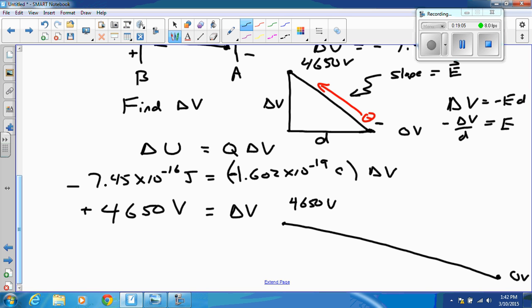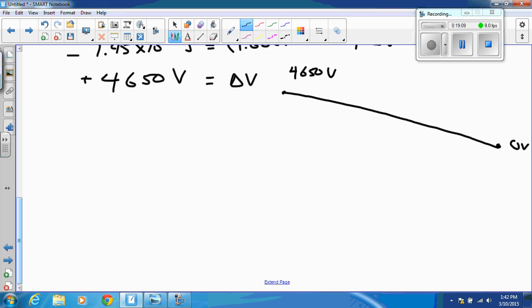In the spirit of that, I want to talk about a common unit of energy that you will see. You'll notice that we have delta U equals Q delta V, right? So if I simply plug in 1 electron's worth of charge, which has an elementary charge E, into 1 volt right there, what I get is a unit of energy called an electron volt.